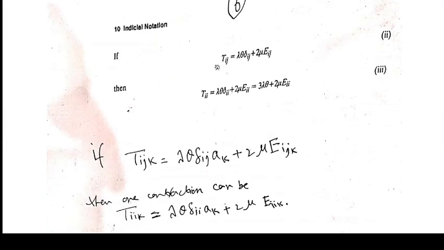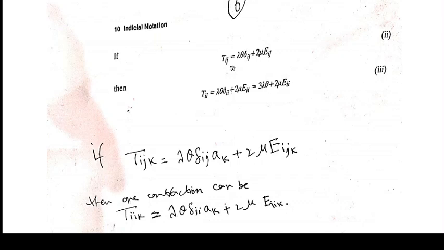Now if your Tij is like this, lambda theta delta ij plus 2 mu eij, then your contraction will be Tii. Now i and j are the free indices in equation number 2, and now you can make a sum on these indices.